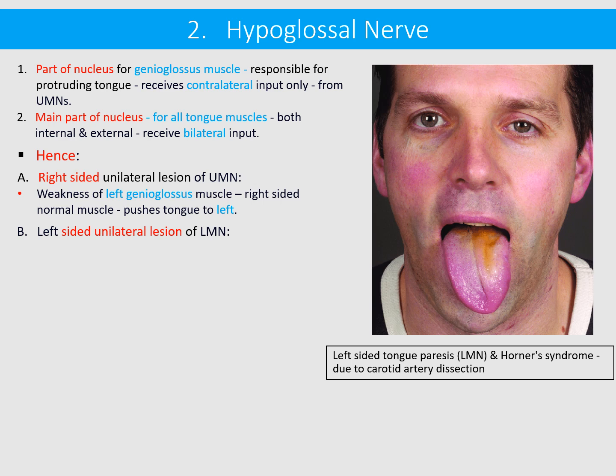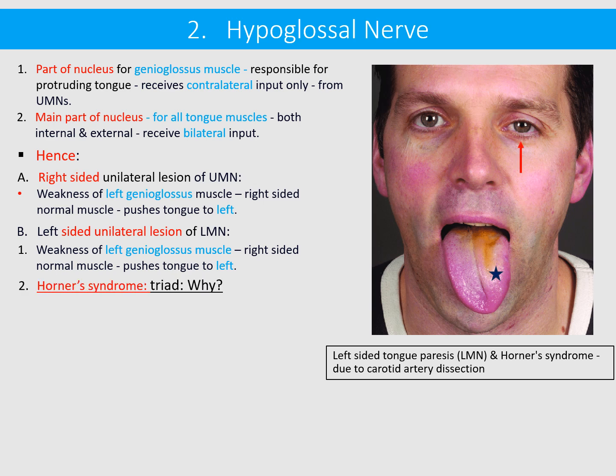And in left-sided unilateral lesion of the lower motor neuron, because of weakness of left genioglossus muscle, the right-sided normal muscle pushes tongue to the left. The left-sided unilateral lesion of the lower motor neuron, that is hypoglossal nerve, may accompany the Horner's syndrome.